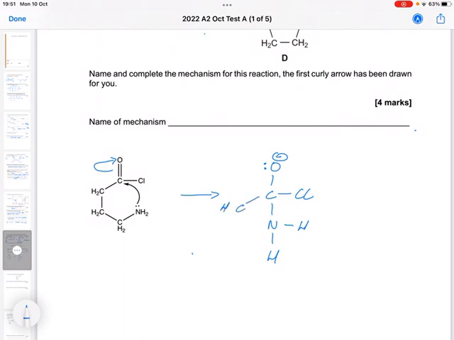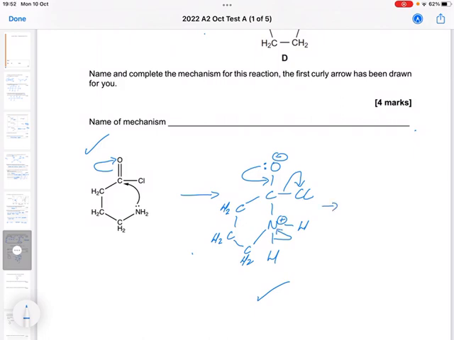So CH2, CH2, CH2, and then back up to there, positive charge on here. So 1 mark for this arrow, 1 mark for the correctly drawn intermediate, and then 1 mark for 3 arrows on here. It doesn't matter which of the nitrogen-hydrogen bonds you use.